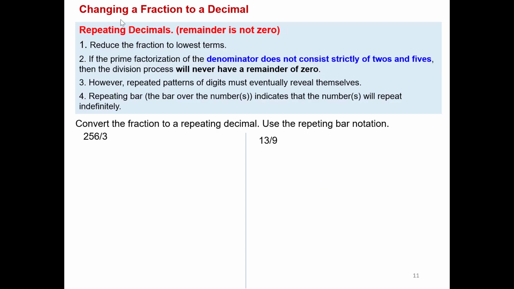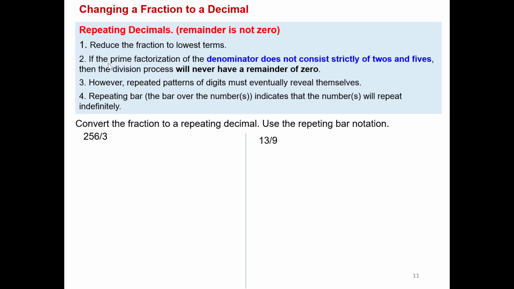Now we want to change a fraction to a decimal, but when we divide, the remainder is not 0. In most cases, when the remainder is not 0, we may have a repeating decimal. How do we know if we will have a repeating decimal?